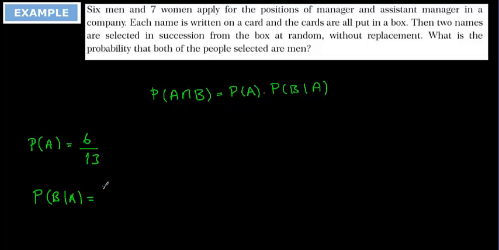So if the first one is a man, it means that there are 5 men left and 12 persons left in total.